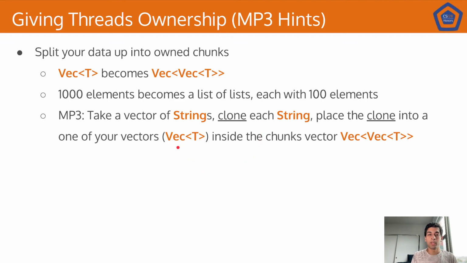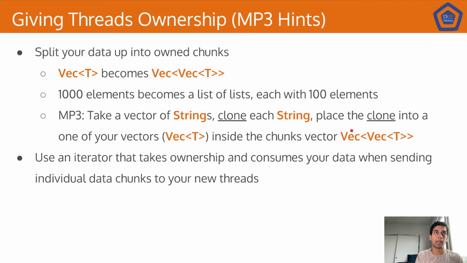So we're going to reference the inner vector as chunk, because you're giving a chunk of the data to each thread, and the outer vector is your vector of chunks. Okay. And so you're going to use an iterator that takes ownership and consumes your data when you're going to be sending your individual chunks to your new threads.